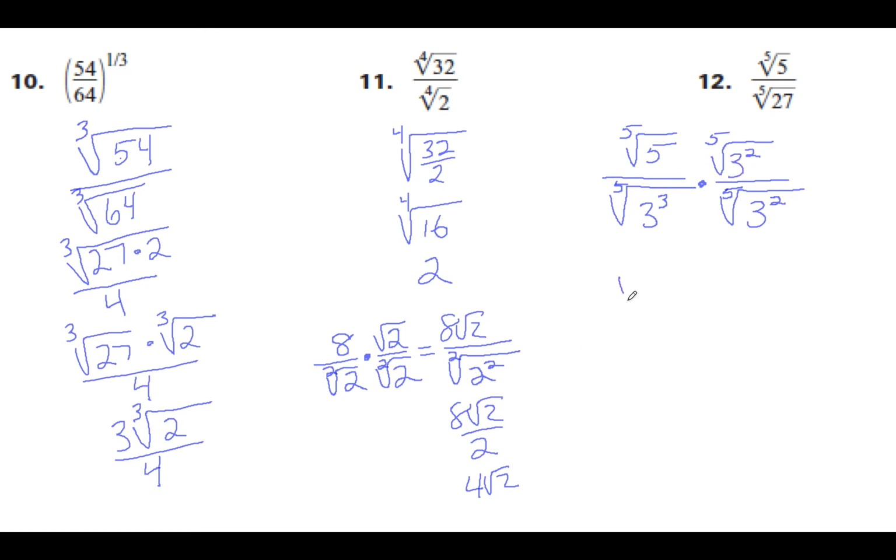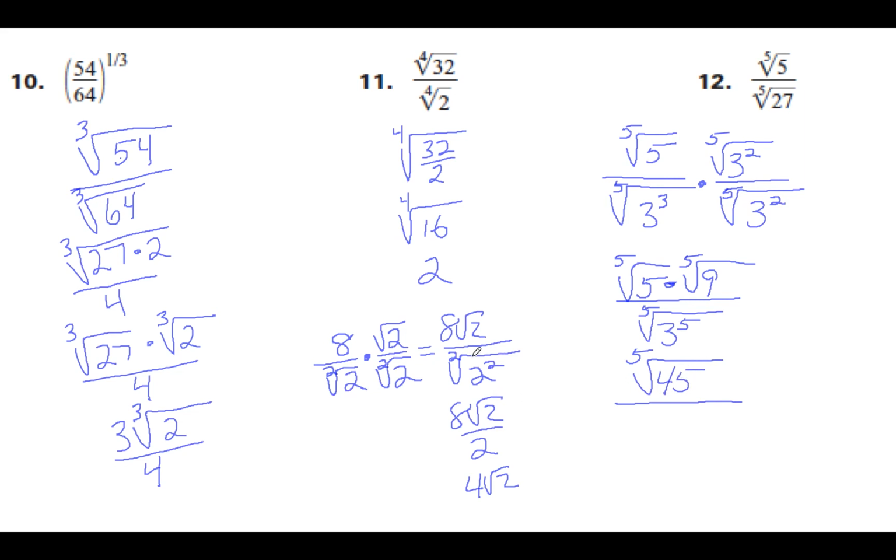So the top becomes the 5th root of 5 times the 5th root of 9. And on the bottom becomes the 5th root of 3 to the 5th power, because we're adding these exponents, 3 plus 2. So the top becomes the 5th root of 45.